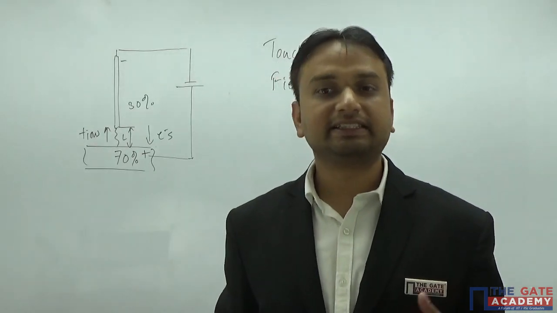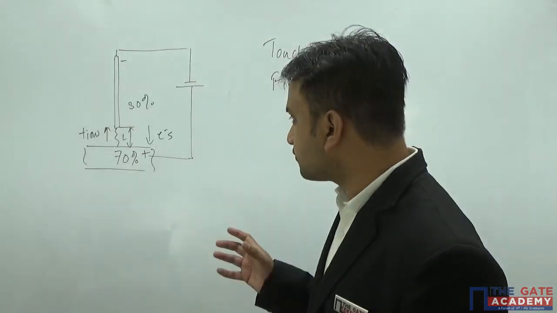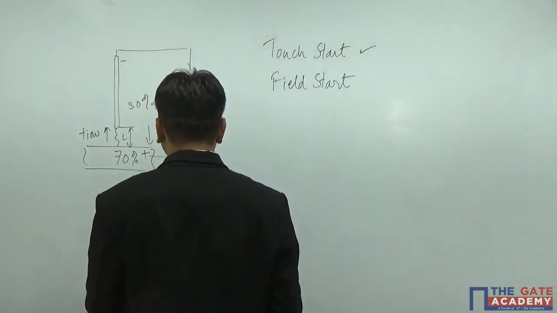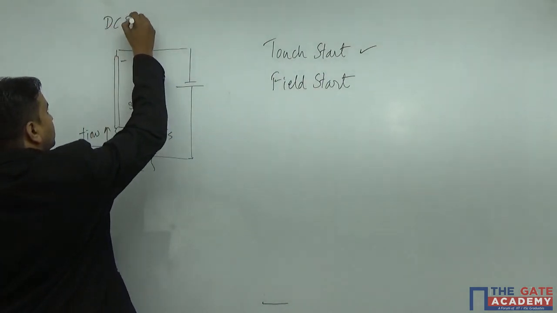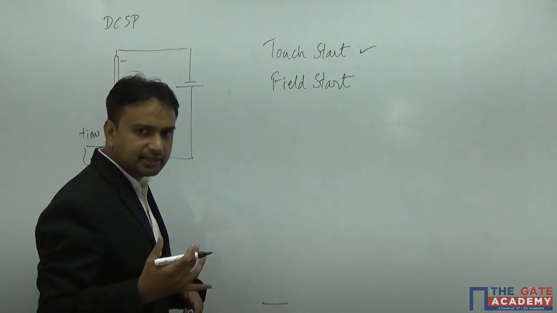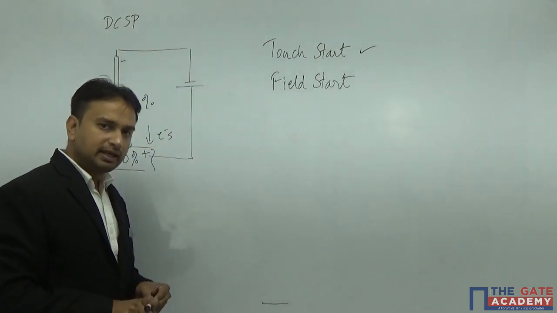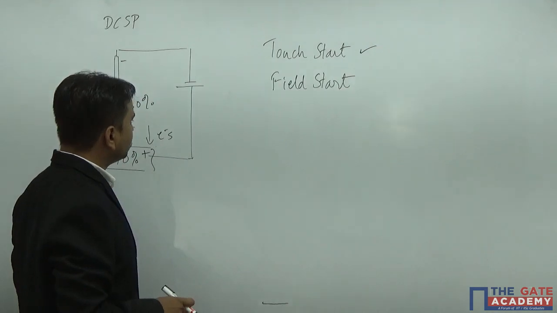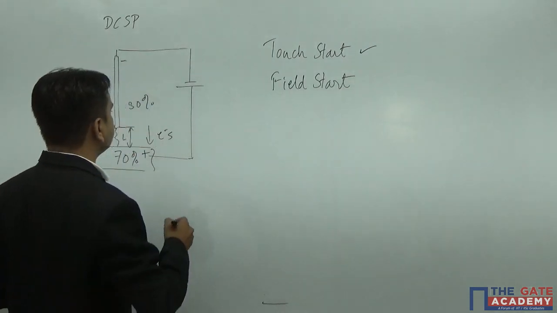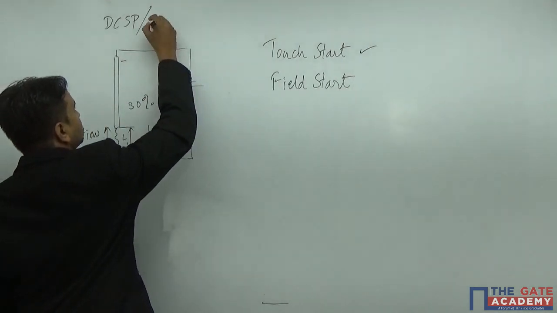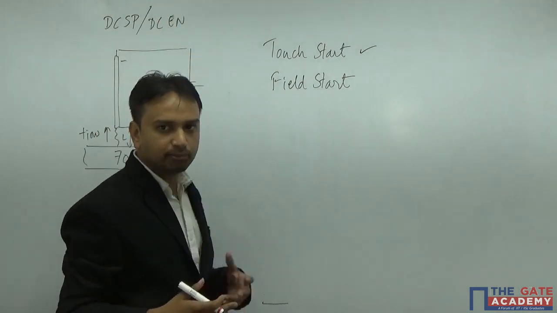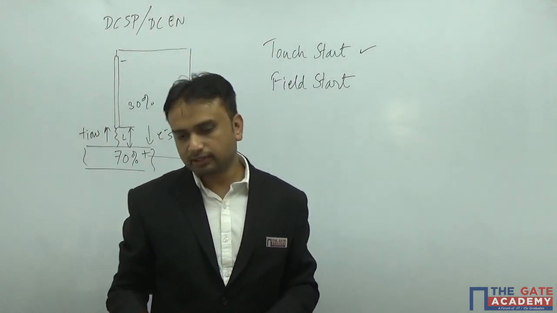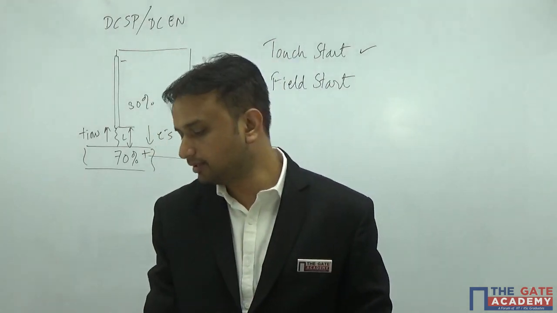It is known as straight polarity. Since we are utilizing direct current over here, it is known as direct current straight polarity, DCSP. In a similar manner, it has one more name. It is known as direct current electrode negative, DCEN. In some books you will find DCEN. It means the same thing as DCSP, right?